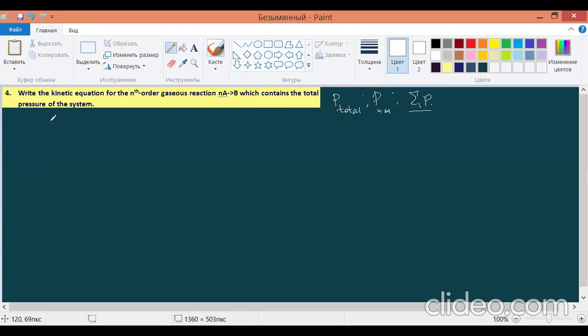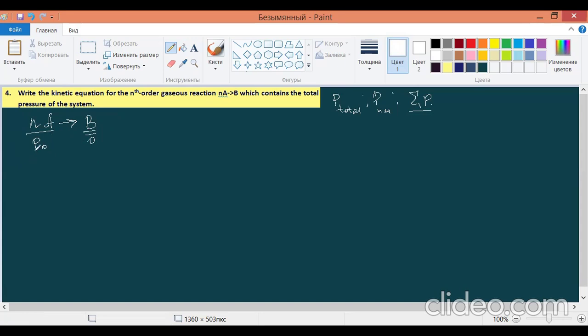So we've got the reaction. The scheme of the reaction is the following: n moles of A turn into 1 mole of B, right? In the beginning, we've got the initial pressure of the whole system, but there is no trace of the particle B in the very beginning.